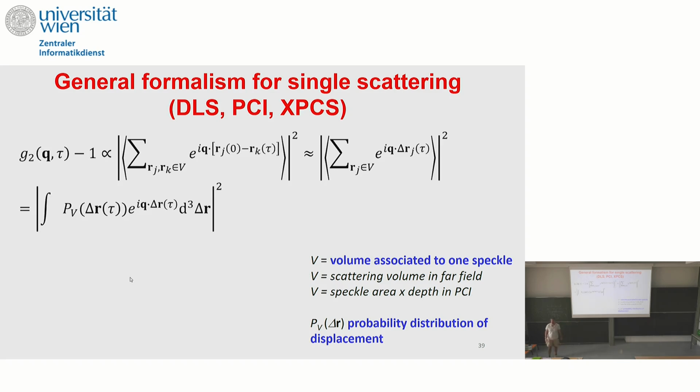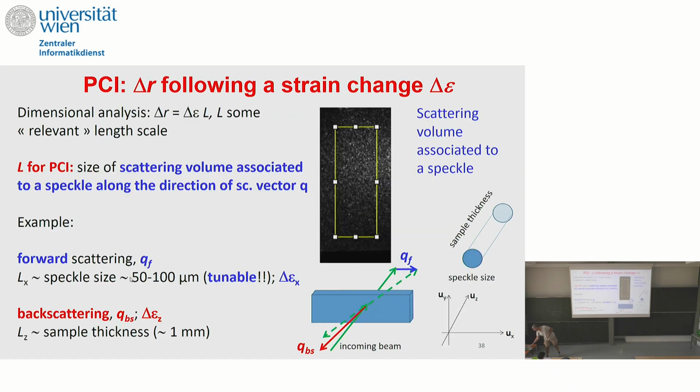If I am doing my photon correlation imaging experiment, the one where I am imaging things, this is a little bit more tricky because actually I am taking an image of a sample. So if you imagine, for example, that you are shining your beam on this slab, and then you have speckles, well, each speckle corresponds to a small cylinder in the sample that has the same length as the thickness of the sample, because you get light from the whole thickness of the sample, but a lateral size which will be the lateral size of the speckles.